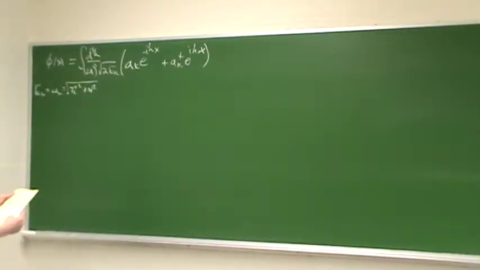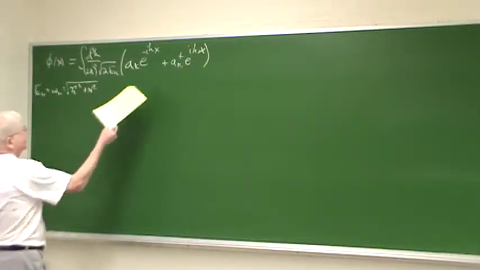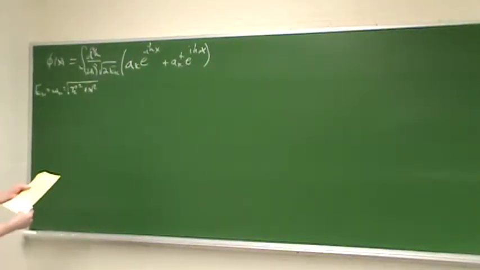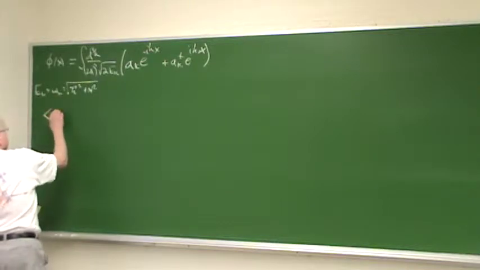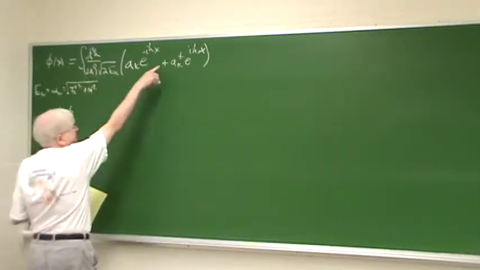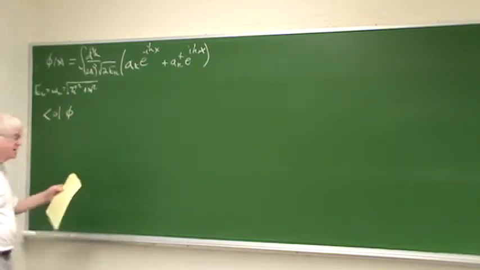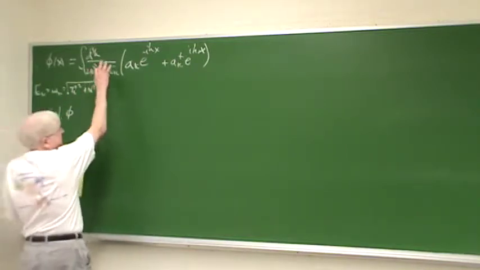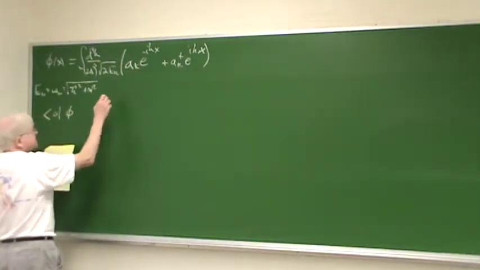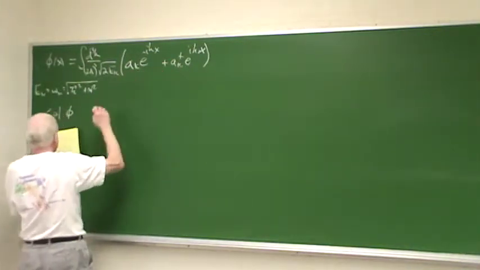All right, so let's compute, and this is the 4-vector inner product, in the vacuum of the free theory. The field has a free field dependence; the a is a constant in this expression.